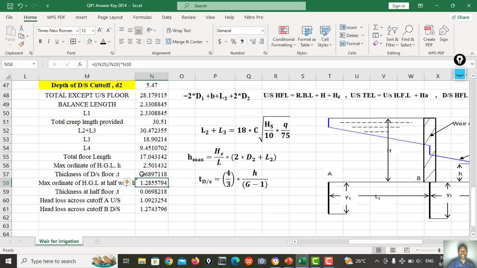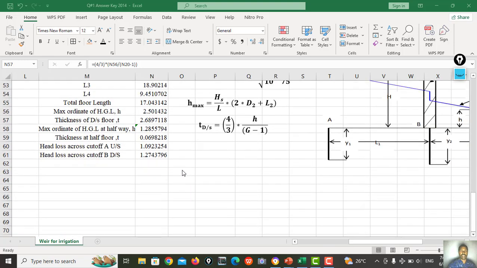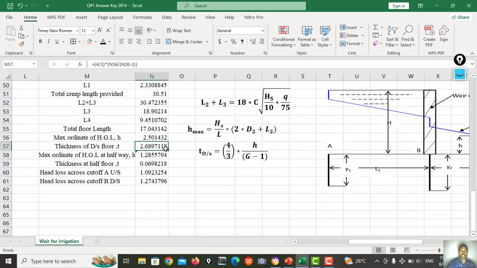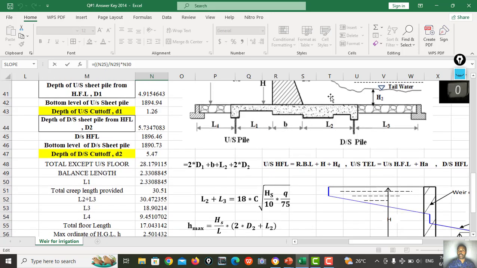So this is the thickness of the downstream floor. This one, this floor. So this is the required thickness there, downstream impervious apron. So you have 2.68, and the maximum ordinate of hydraulic line at halfway you can find, which is just around here.